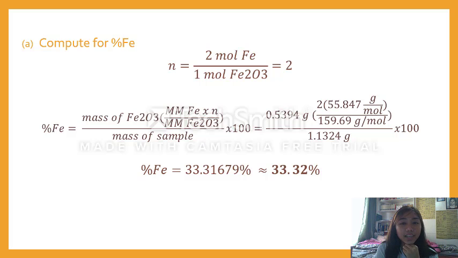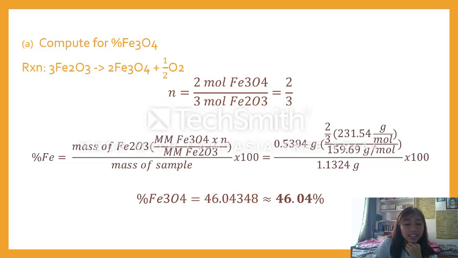Okay? Then next, last kay B, compute for the percent Fe3O4. So for determining the N, let us look at the reaction kanina. For 3 moles of Fe2O3 maka-create tag 2 moles of Fe3O4 plus 1/2 O2.